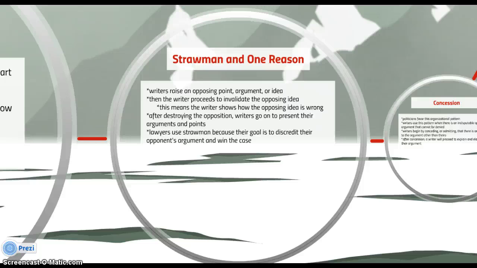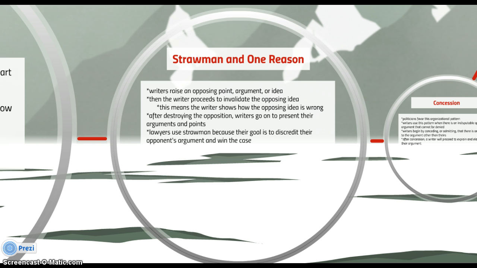It starts off with writers raising an opposing point, an opposing argument, or a different idea than the one they're going to support. Then the writer completely invalidates the opposing idea. And what I mean by this is that the writer shows just how wrong the opposing side is.